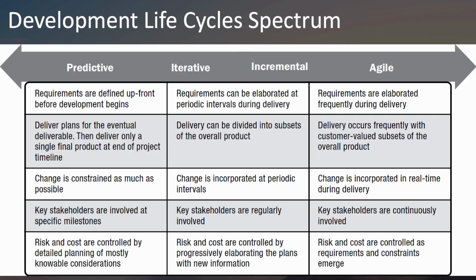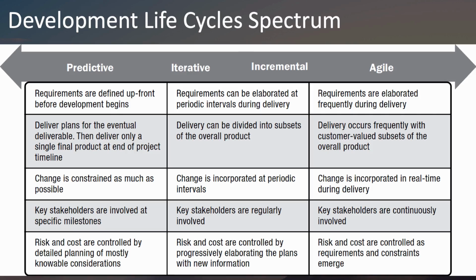The more frequently requirements can be reviewed and elaborated during the process, the more agile it is. The more often delivery is divided up into subsets of value determines how agile it is. The more often change is incorporated as a regular part of the process, the more incremental or agile it is. The more key stakeholders are involved regularly or continuously, the more it tends toward the agile side of the spectrum.